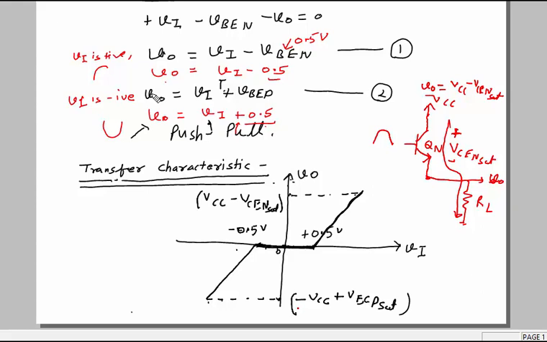Now what is the maximum value of Vi possible? If I put V naught maximum here, this is your VCC minus VCE sat. Then if I take the VBE to this side, the maximum value of Vi possible is that V naught maximum, which is VCC minus VCE for the NPN in saturation, plus VBEN, since we take it to the left side.